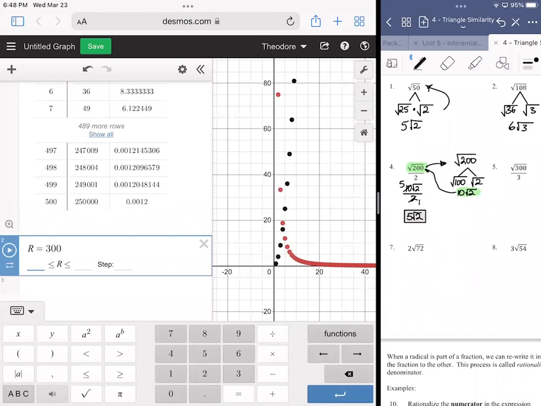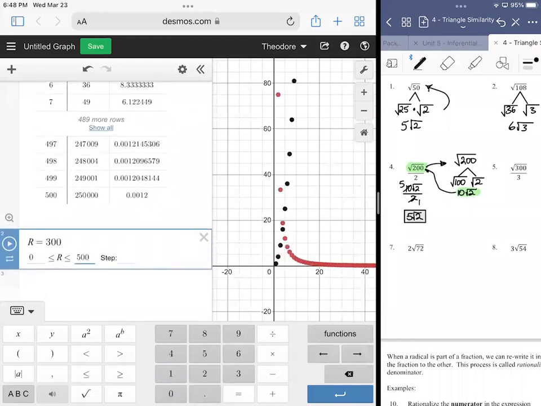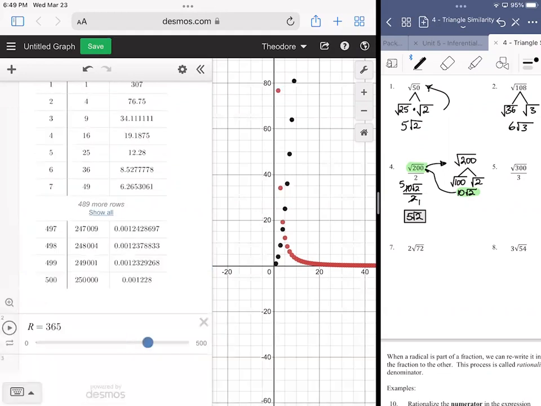So maybe 0 and 500. And we're only interested in whole numbers, so you can make the step equal to 1. So from 0 to 500 going by ones, when I slide my slider, I'm not getting decimal values anymore, and I can slide it right to a 300. Sometimes with the touchscreen, it sticks a little, so you might resort to just typing it in anyway, but if you get it to land on it, it's fine.